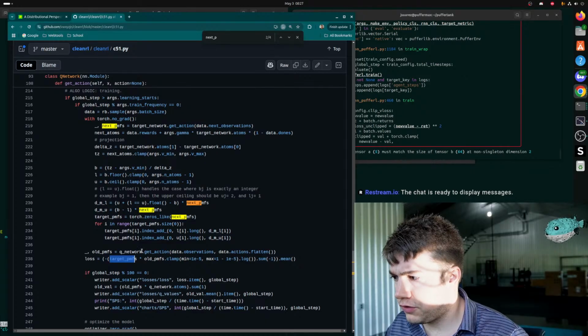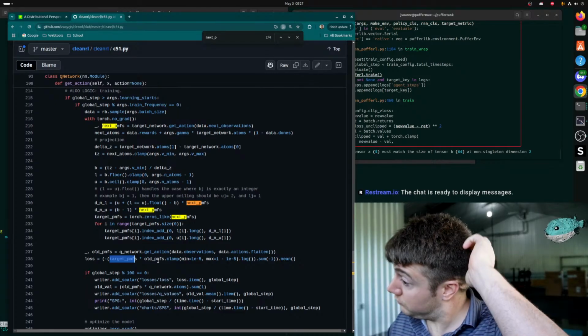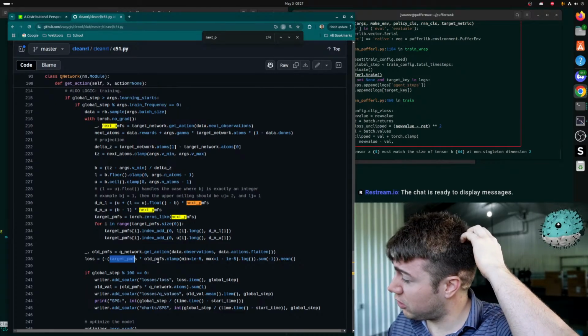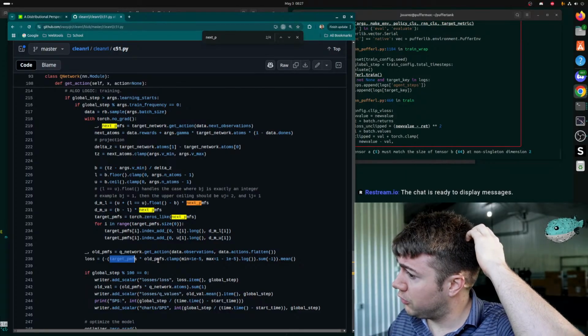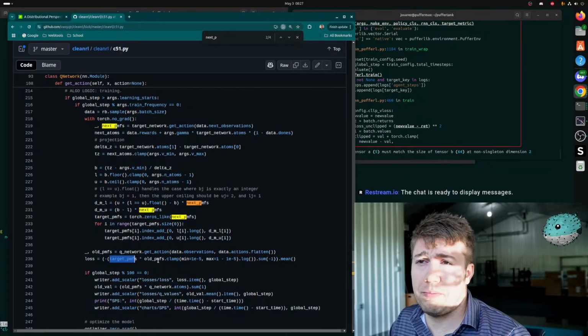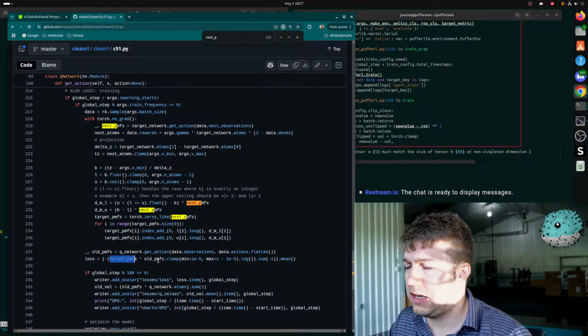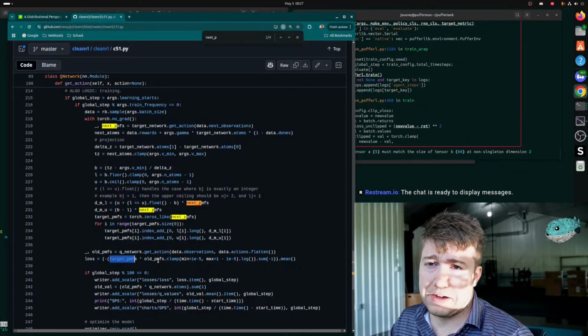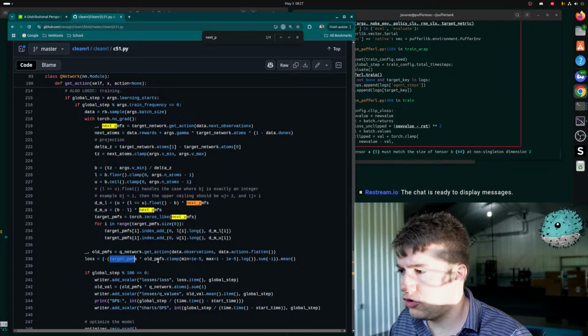I'm pretty sure this is just cross entropy. Yeah, I'm pretty darn sure. So this is just your action probability, or action log probs. It's a cross entropy from your action logits to whatever they've decided this target PMF action index is.